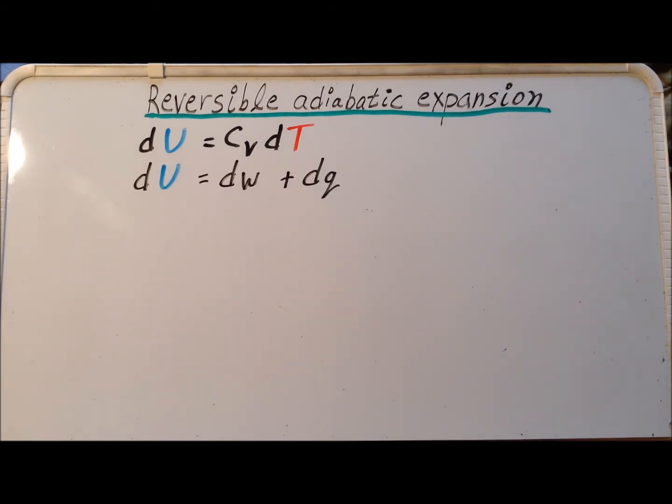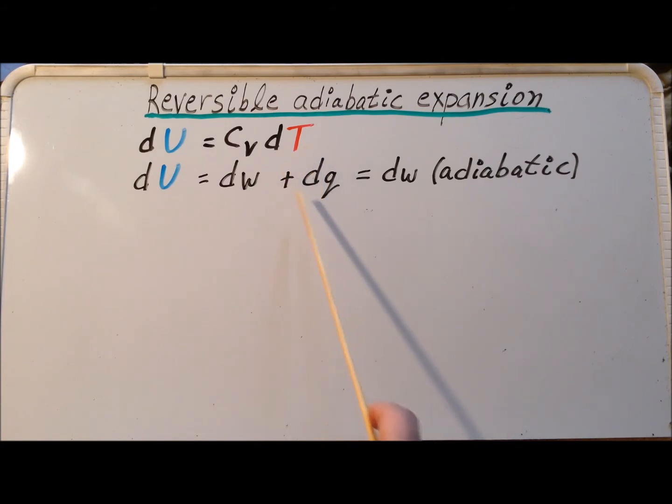Next, we recall the first law of thermodynamics. dU is equal to dw plus dq, where w is the work and q is the heat flow. In the case of an adiabatic compression or expansion, this dq term is identically equal to 0.